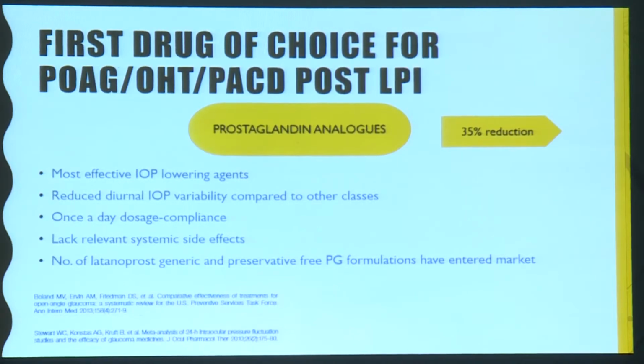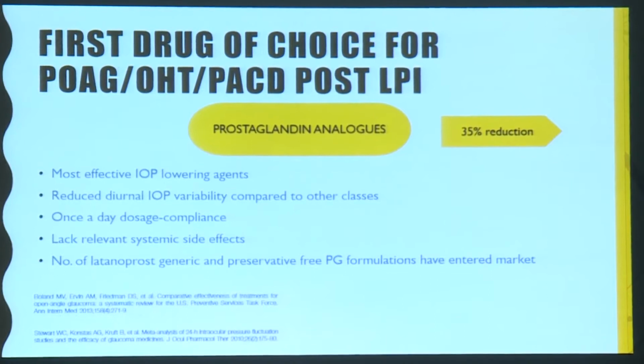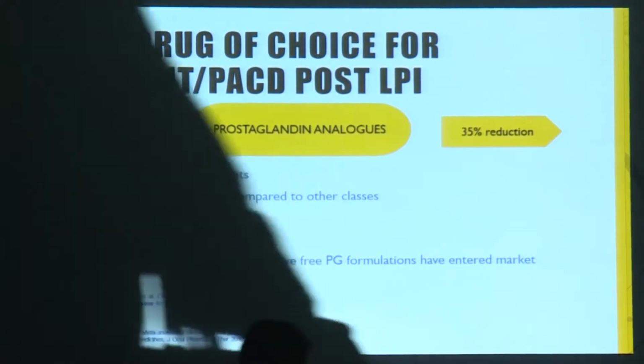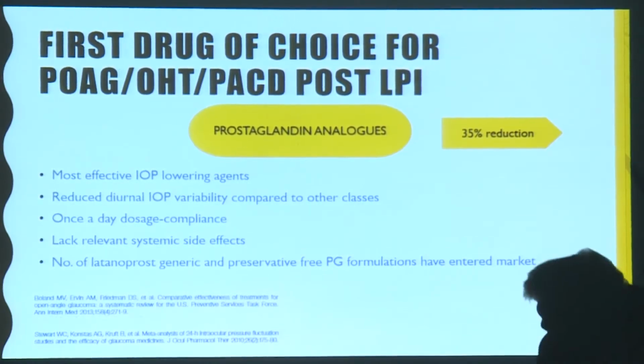Now your first drug of choice for a POAG or an ocular hypertensive or even an angle closure disease post laser peripheral iridotomy can be prostaglandin analogs for 2 reasons. Why? Because it's got the maximum IOP lowering effect and also once a day dosage, which improves compliance. It lacks systemic side effects, and also a number of latanoprost generic drops are available now, and preservative-free formulations are available which are safe for your patient.